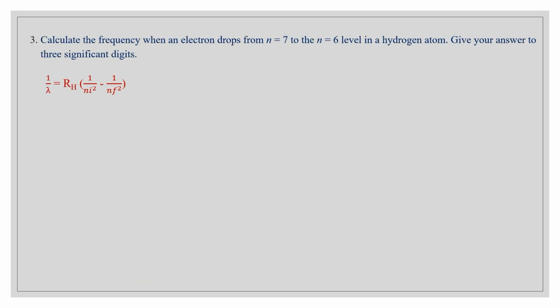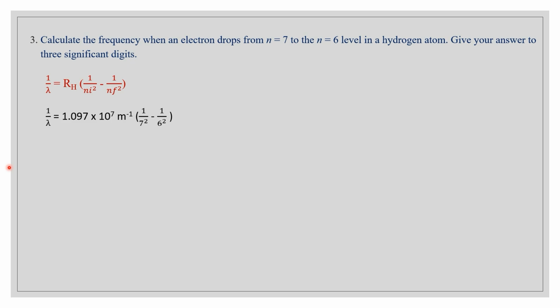Third question. Calculate the frequency when an electron drops from 7th to 6th. This is very similar to the previous example. The initial level is the same, but the final level is not 2. This time it is 6. So the same equations we can apply.